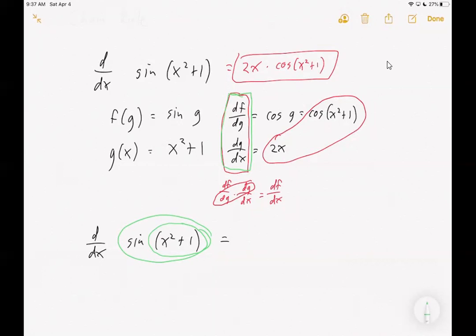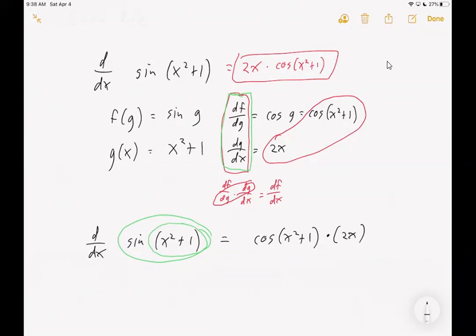So it really doesn't matter if you go inside out or outside in. If I were to go outside in, I would first recognize that I have the cosine of something, and it's the entire inner function, so that would be x squared plus 1. That was the outside ring. And then I need to multiply by my inside ring, the derivative of what's inside, which is 2x.